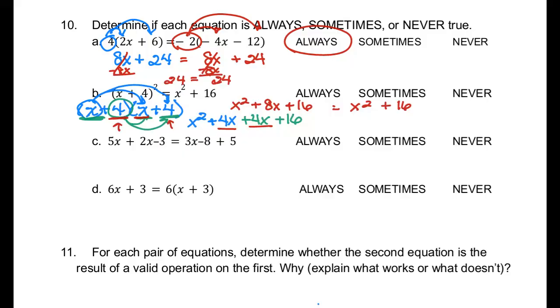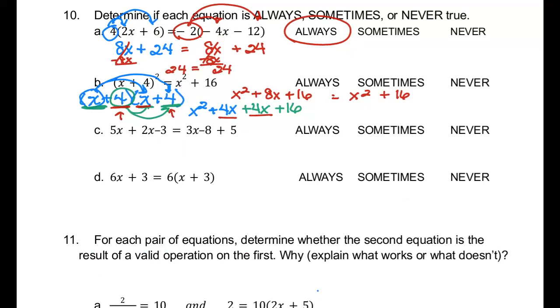Okay? What could you do at this point? Give up. No, we're not giving up. Persevere. Do I have anything that is the same on both sides that I could eliminate?